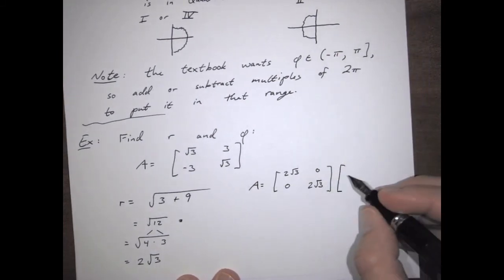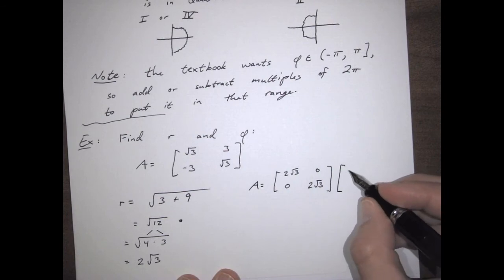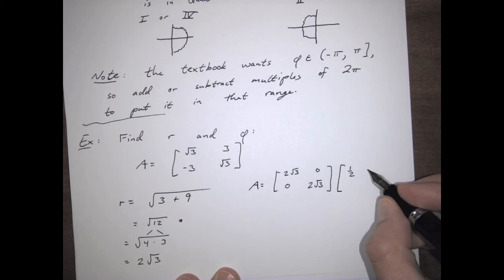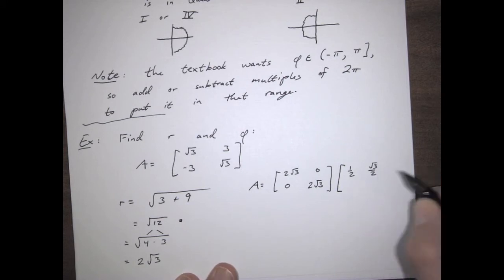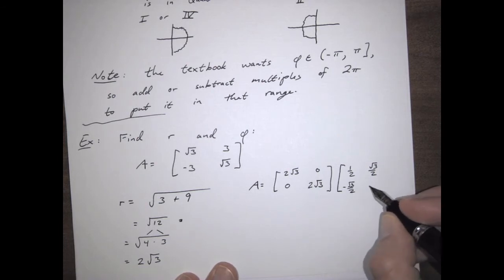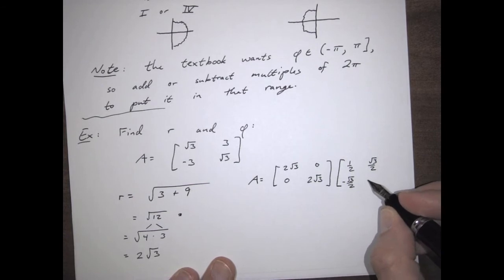So I'm dividing by 2 root 3, so it'll make a 1/2. And I'm dividing by 2 root 3, and that's going to make a root 3 over 2. And I'm dividing by 2 root 3, so it's going to be making a negative root 3 over 2. And then over here, that's going to be another 1/2.